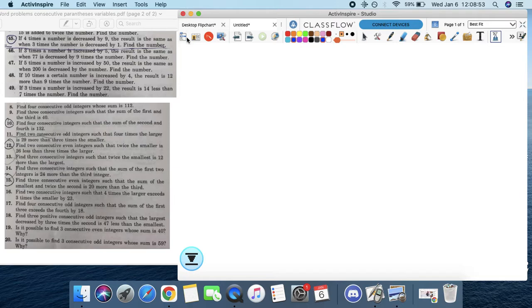16. Consecutive integers, okay, not even or odd, so this one is just x and x plus 1, so 2 of them, such that, let me write small and large.